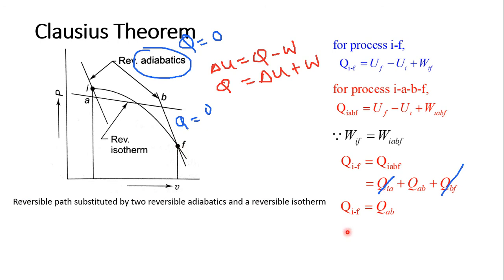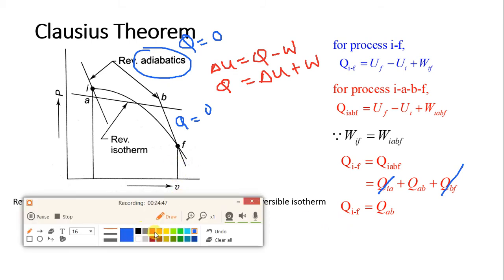What is the initial path? Let me draw that part and show it to you. Suppose this is the initial reversible path IF. When you replace it by a reversible adiabatic, an isothermal, and again a reversible adiabatic, it is like a zigzag.